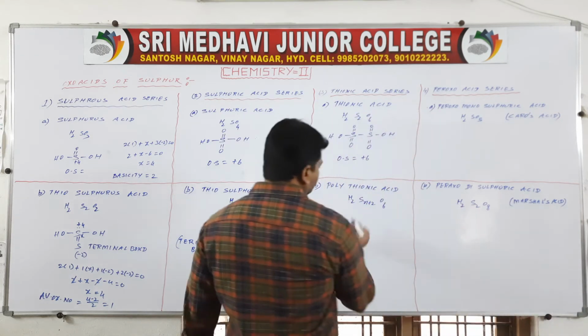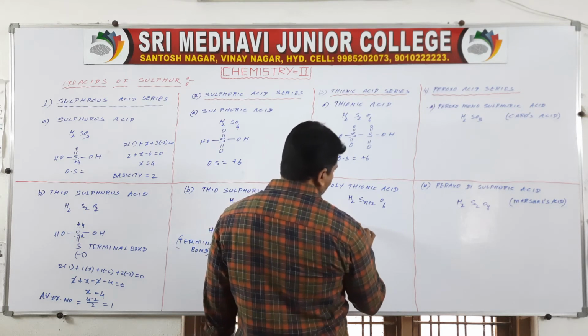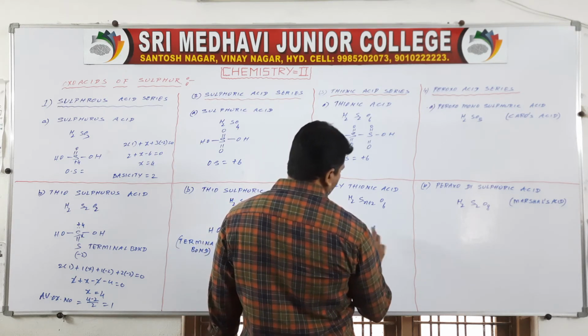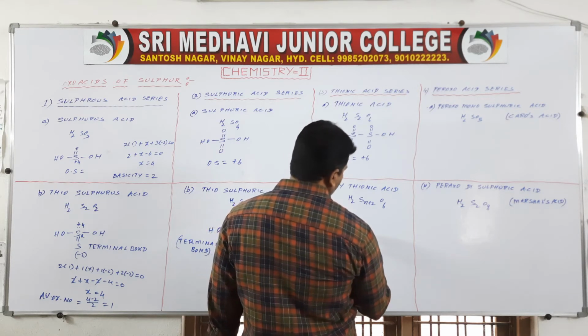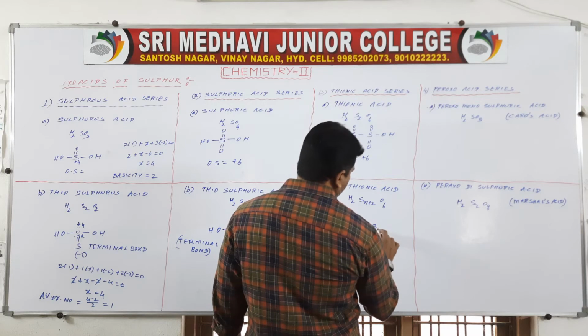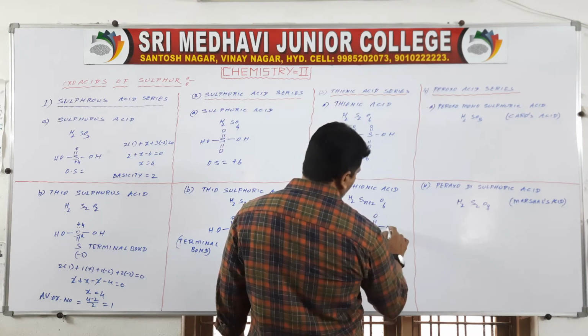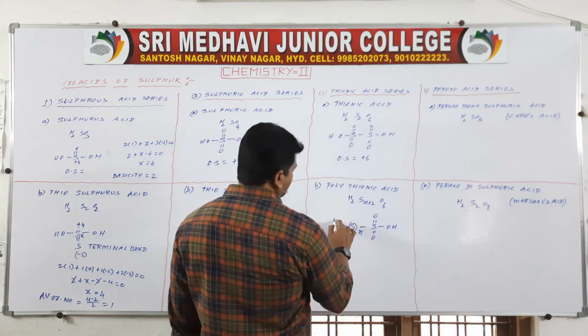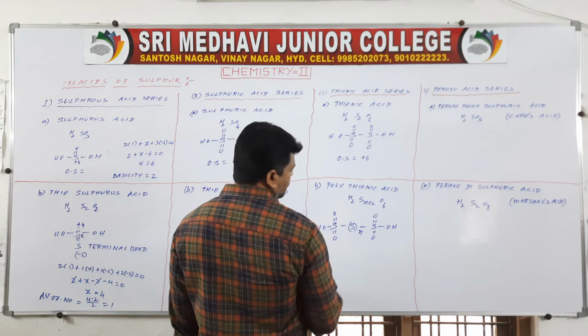Then here the structure: it is a taken N. Double bond O, double bond O, single bond OH, double bond O, double bond O, single bond OH.